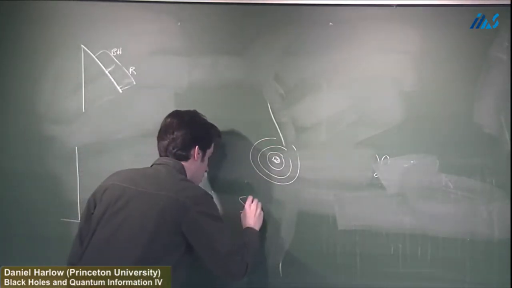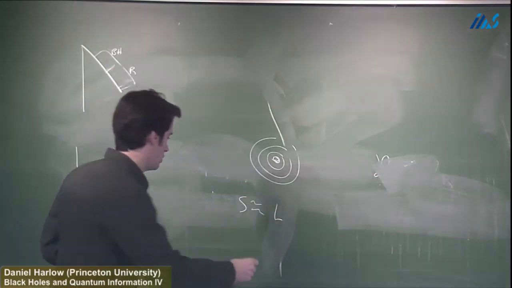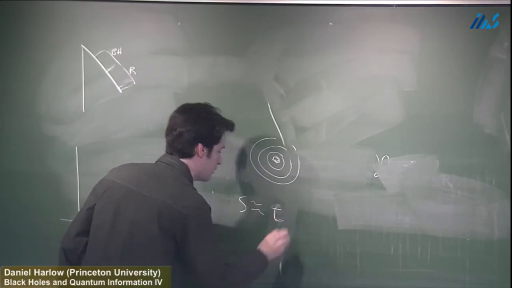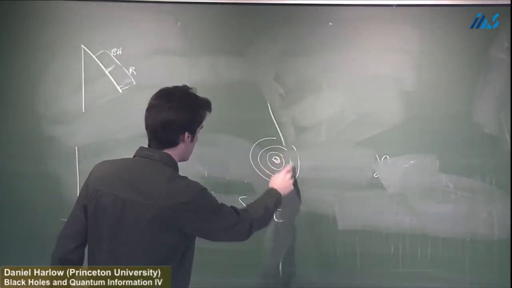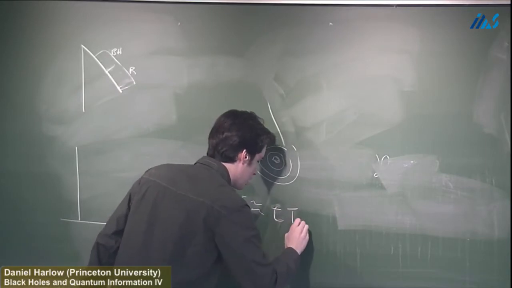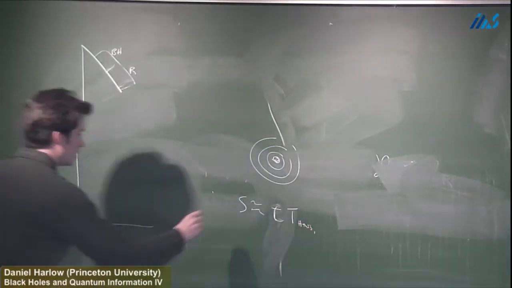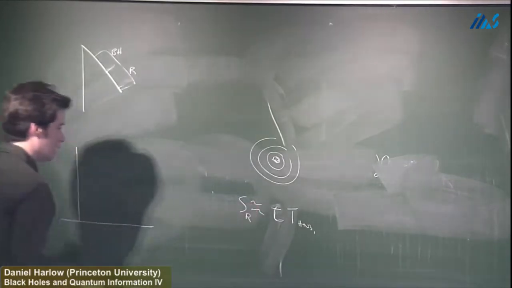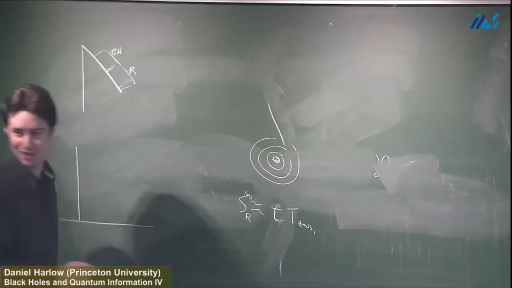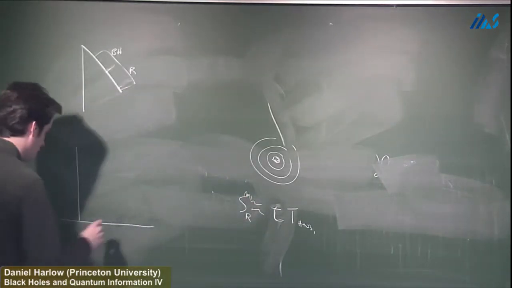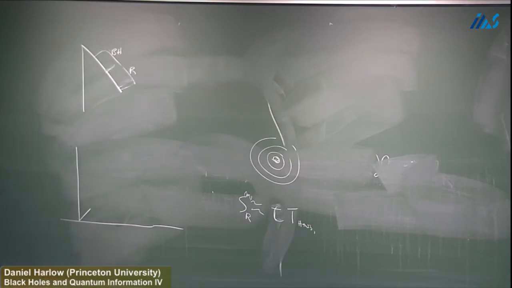So then its entropy should roughly just be the length of the box, which actually here is the time over which the black hole has been evaporating, times the temperature, which here is just the Hawking temperature. So this is S_R, and then technically this is the renormalized one. You can convince yourself that that's the one that you actually mean when you talk about the coarse-grained entropy. So this should start growing linearly here, okay?